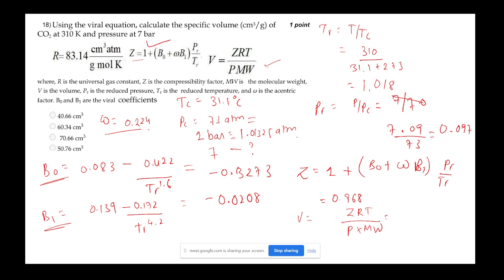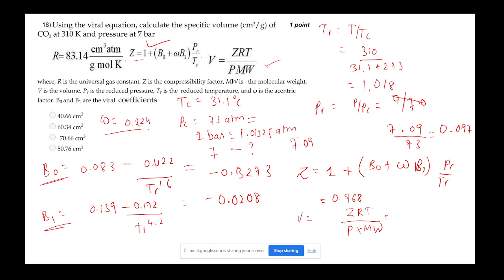Now you need to use pressure in atmosphere. So take the pressure as 7.09 atmosphere, which we calculated earlier. Molecular weight is 44.